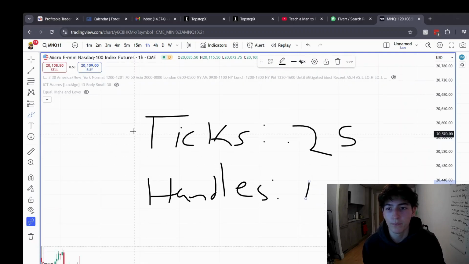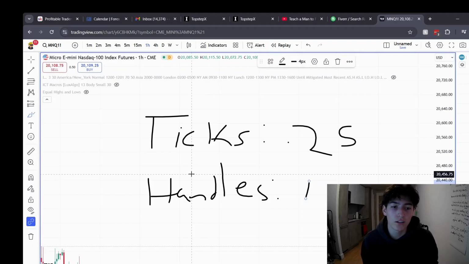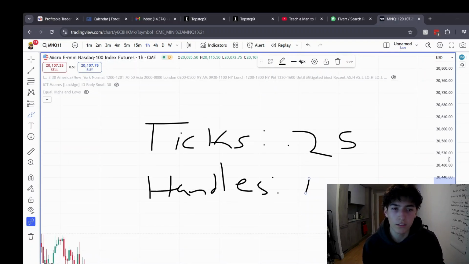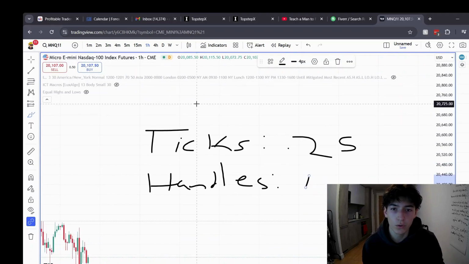Why does this matter? In futures, you're basically trading with contracts, so depending on the contract price and how much it moves is how much you're going to either make or lose. Right now I'm in MNQ. The main ones I trade are MNQ, NQ, and ES, and I'll go over that later. One contract in MNQ is $2.